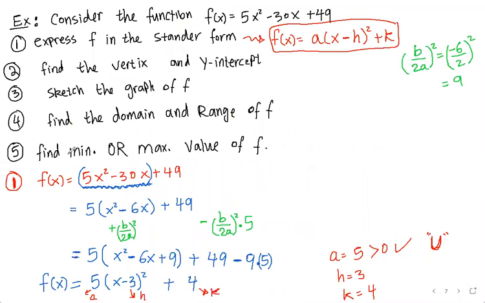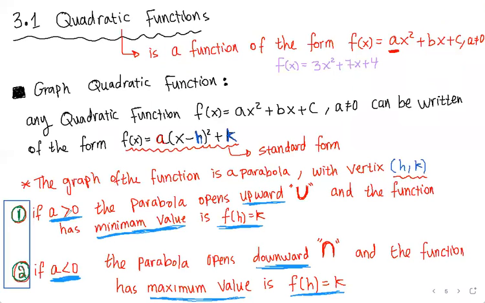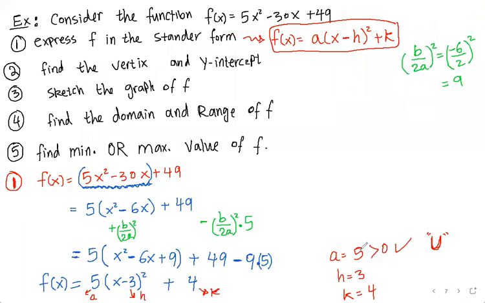Number 5, find the minimum or the maximum. To check the minimum or the maximum, we have to go back to A. If A is positive, the function has a minimum value. If A is negative, the function has a maximum value. My A here is positive, so the function has a minimum value.